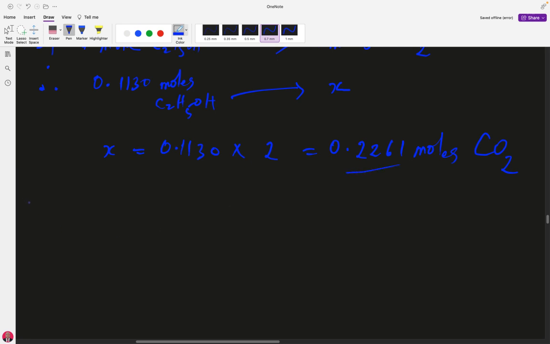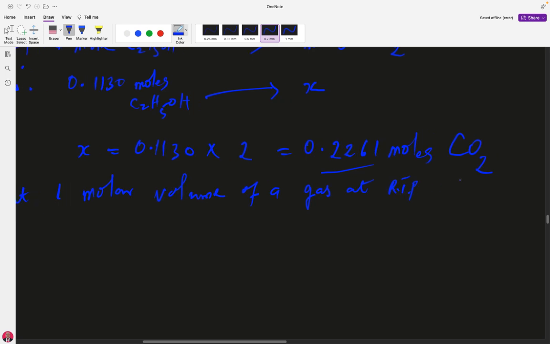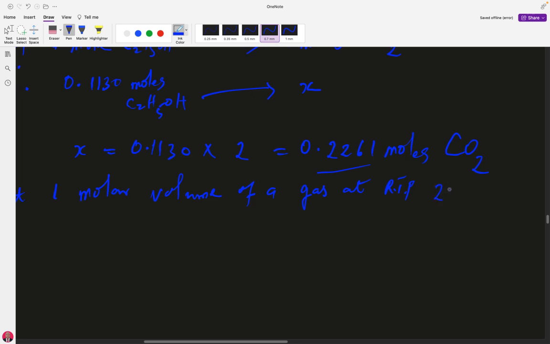Now, based on the principle of the molar volume of a gas, 1 molar volume of a gas at room temperature and pressure occupies 24,000 cubic centimeters.